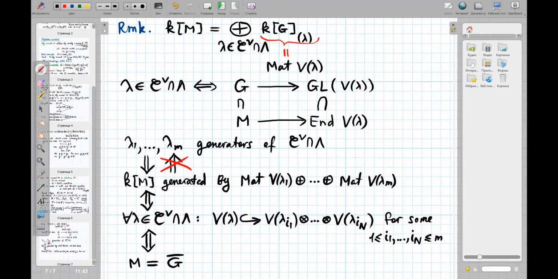So let me write it explicitly: this property that K of M is generated by this space of matrix entries is equivalent to saying that M is the closure of G in the space of endomorphisms of the direct sum of these irreducible representations corresponding to the generators of the coordinate algebra.